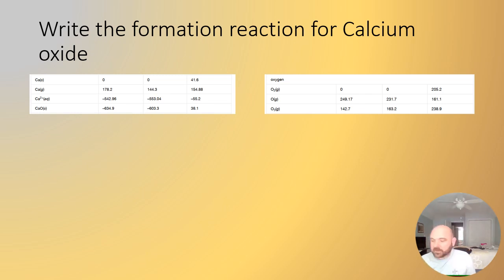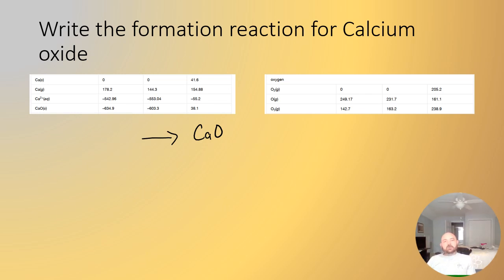So for calcium oxide, if we remember our ionic formula writing efforts, we would put the calcium ion down and the oxide ion down. We would see that one has a +2 charge and one has a -2 charge, so they will exist as a 1-to-1 ratio ionic compound. So the formula for calcium oxide is CaO.